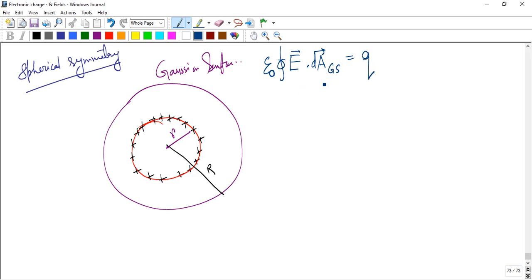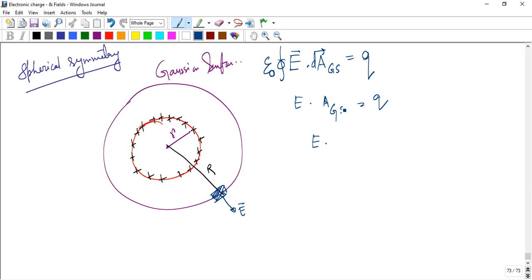Now if I choose E in that direction, and the area vector, a small area, is in the same direction, both are the same. So E A integrated over the Gaussian surface equals charge enclosed Q over epsilon naught.